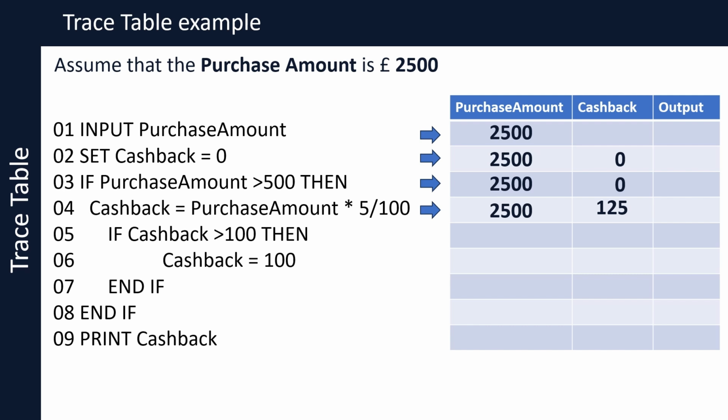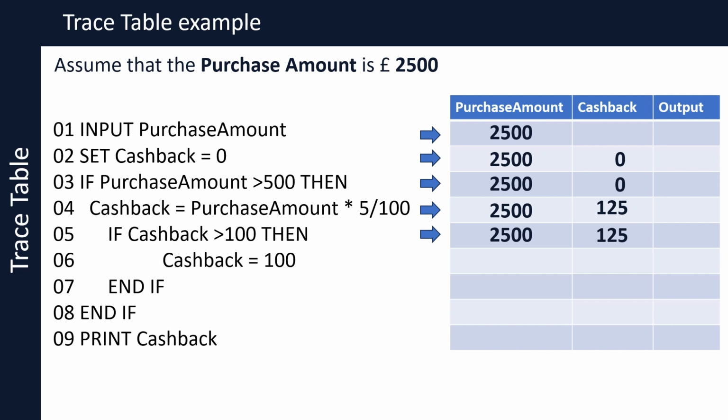In the fifth line, we use the if statement again to check if the cashback calculated is greater than 100. Here again, we are checking the condition, but are not changing the values of the purchase amount or the cashback. Hence, these remain as 2,500 and 125 respectively under columns 1 and 2 in the fifth row of the trace table. Since the cashback is greater than 100, we enter the if statement and move to line 6.